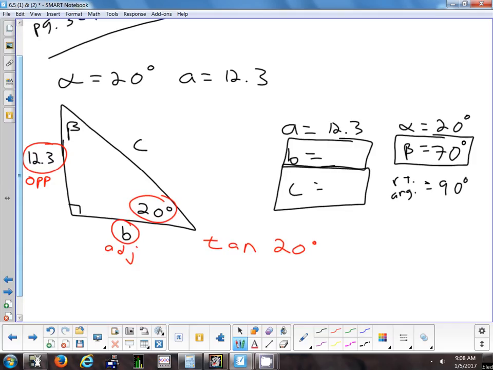Okay, so tangent of 20 degrees equals 12.3 over 8. Any questions on why we use tangent?